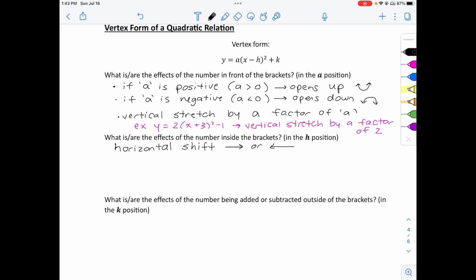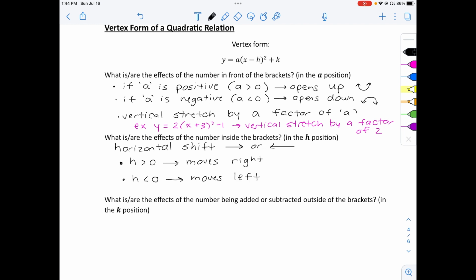Now, the thing to note here is, we saw with the slider, if h is bigger than 0, so h is positive, then it is moving to the right. And if h is less than 0, then it is moving to the left.